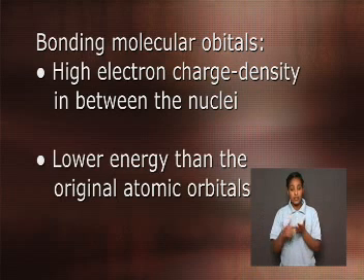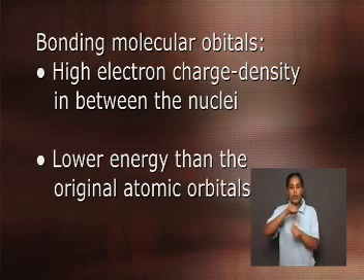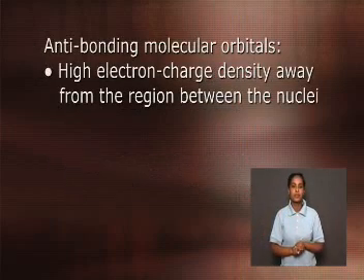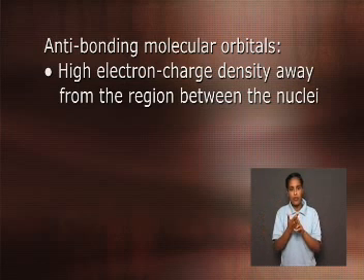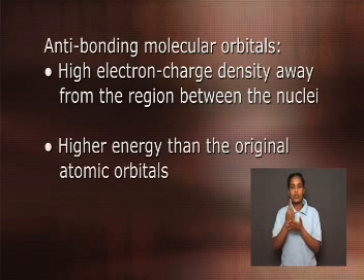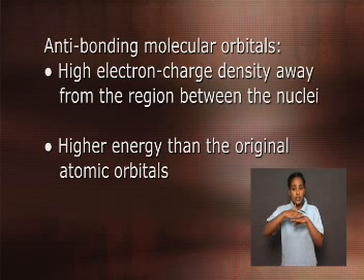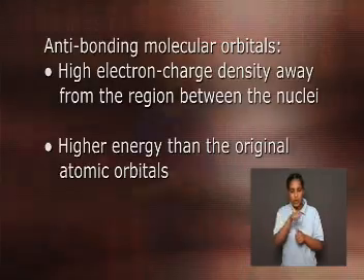This type of molecular orbital has a lower energy than the original atomic orbitals. Antibonding orbitals are molecular orbitals that place a high electron charge density away from the region between the nuclei. This type of molecular orbital has a higher energy than the original atomic orbitals.